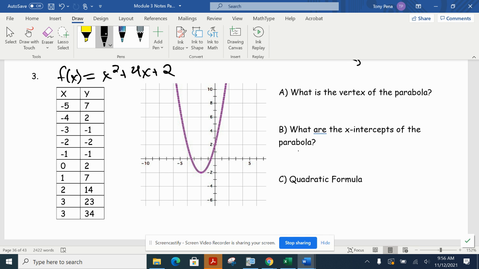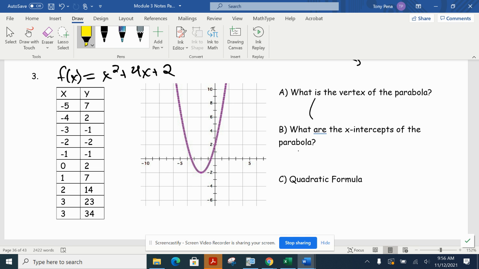All right, Amarian, what's our vertex for this one? Why do you think that? You use the graph or the table? What one do you want to use, the table or the graph?